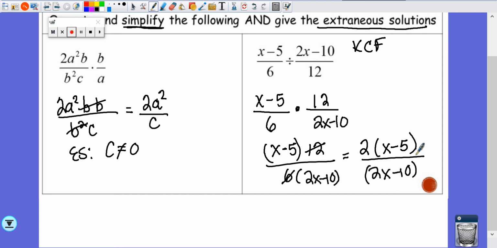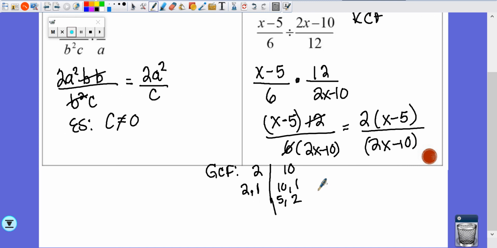The top is completely simplified, but the bottom is not completely simplified, because if you look at this binomial, there's what we call a greatest common factor there. So we're going to go to the side and get our greatest common factor for 2 and 10. If you need help, you can use Google. For 2, you get 2, 1. For 10, you get 10, 1, 5, 2.